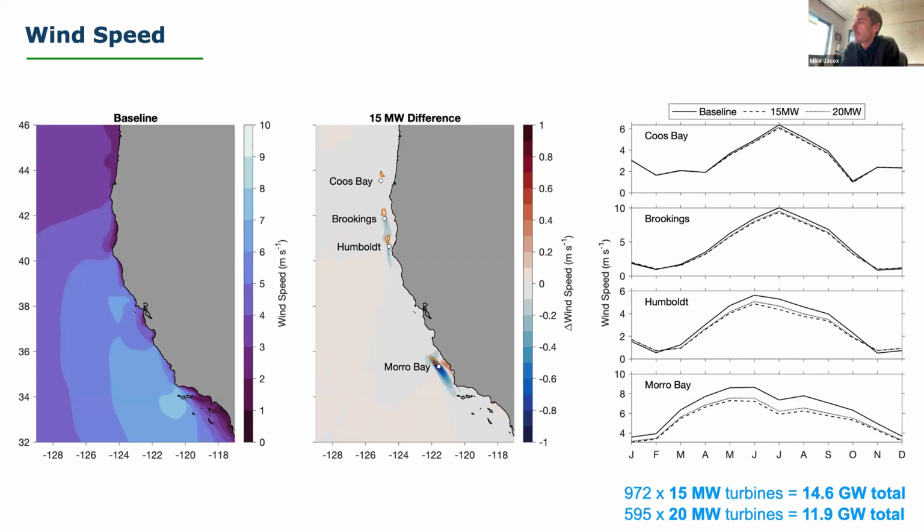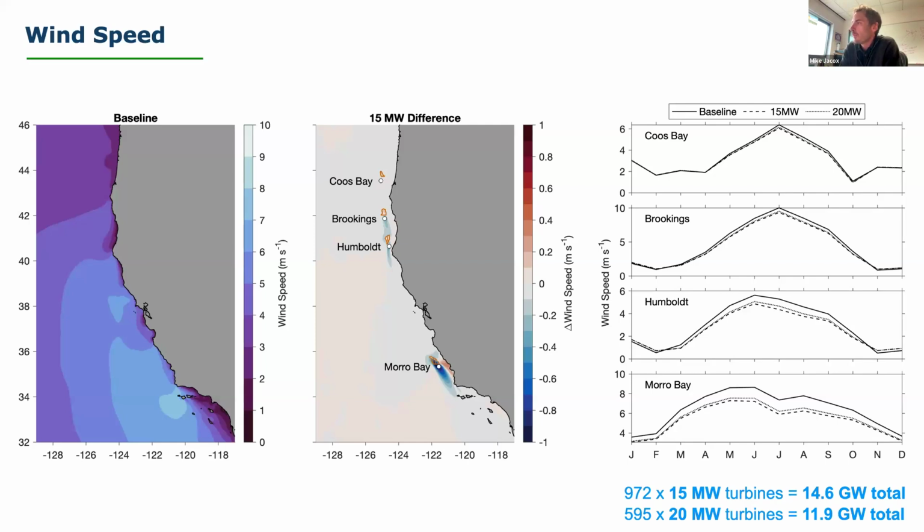And on the right, I'm just showing the seasonal cycle of the winds at the locations within each of those 4 wind wakes. The solid lines being the baseline case, and then the dashed and dotted lines with 15 and 20 megawatt turbines. Again, Morro Bay is where we see the strongest impacts of the wind wake.